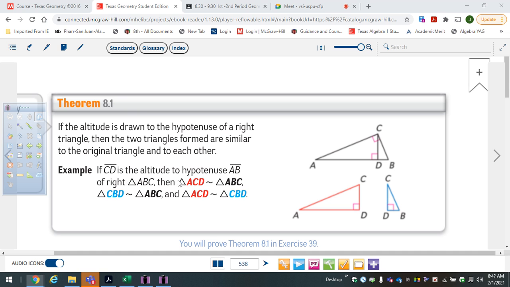If CD is the altitude drawn to the hypotenuse of the right triangle, then the small triangle is similar to the big triangle ABC. The other small blue triangle is similar to the big triangle, ABC. And then these two are similar to each other.